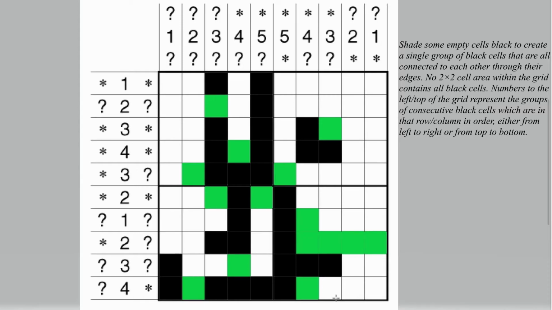So we got our 3, and we automatically have this because that's the only possible way of not making a 2 by 2 and connecting and finishing up our question mark, which gives us this square. Well, we should have already had that square because of the 2 by 2 rule, and we could have figured this out in multiple different ways, and I think I chose a roundabout way, but that's okay.